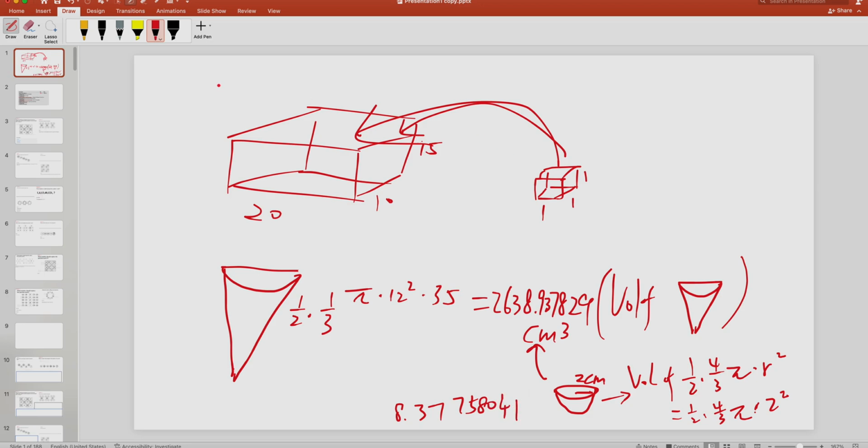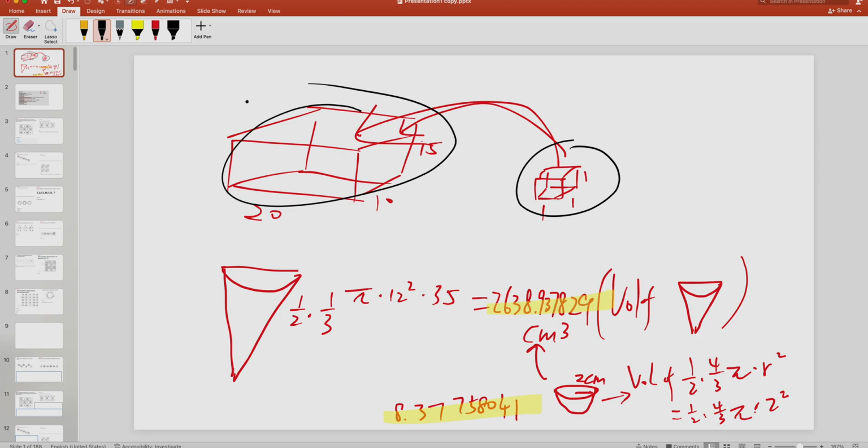So now the question is, how many of this one is inside this one, right? Is this question similar to the above? How many cubes are inside this? Yes. So you use divide. Which one divided by which one? The big one divided by the small one.